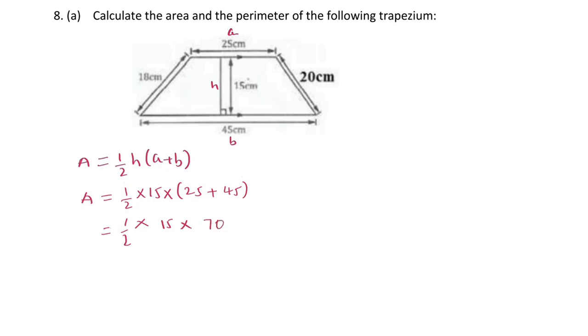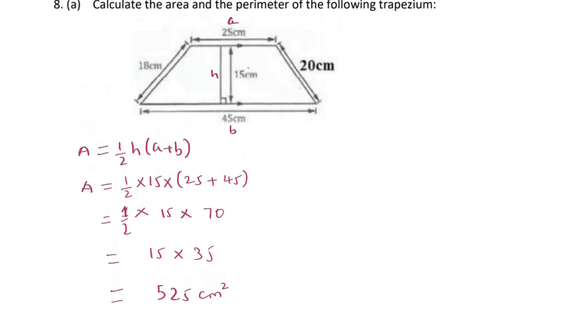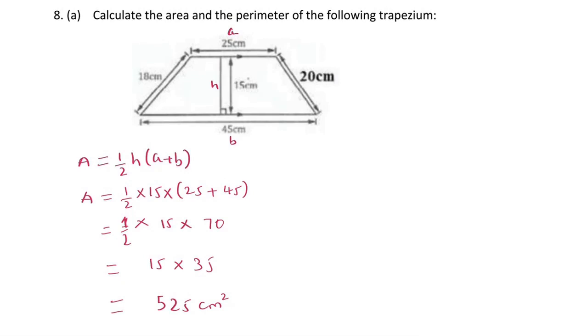Okay, so next we are going to simplify 70 by dividing by 2. Then our equation is going to be 15 times 35, of which, after solving the values, we are having 525 centimeters squared.